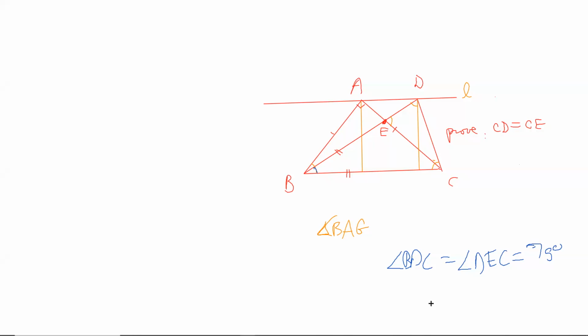So why do I draw this altitude? Because this is an equilateral triangle, so this side equals this side, agree? These two sides are the same.